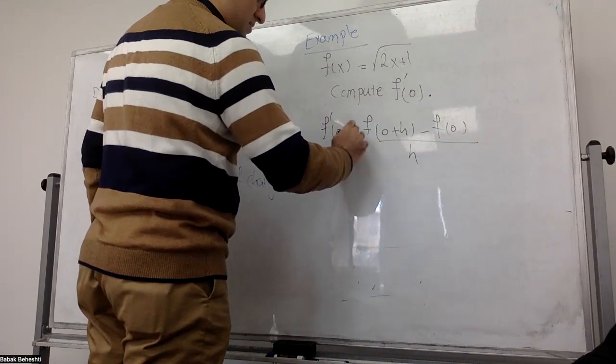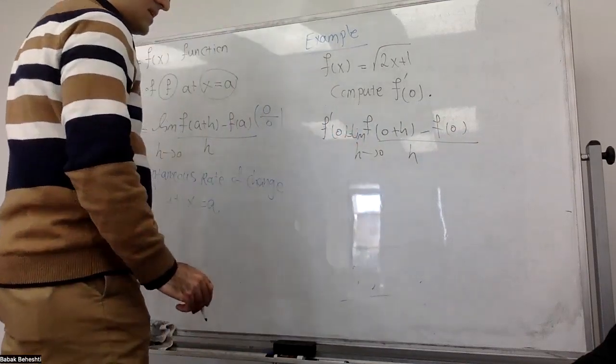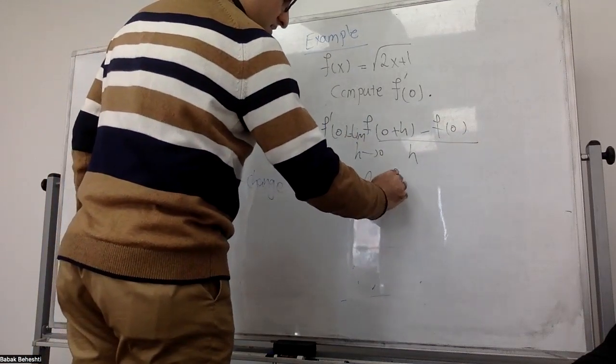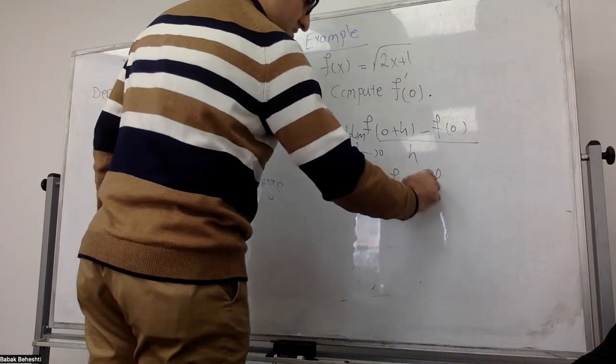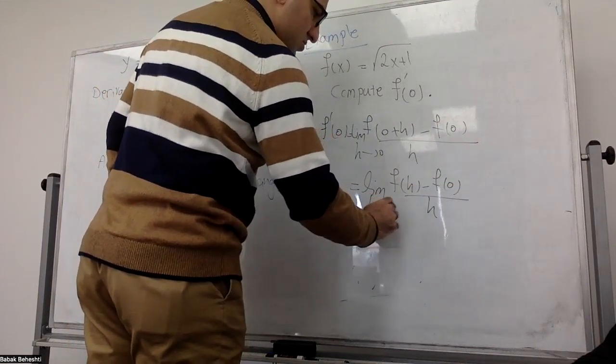So this would be equal to the limit of f of h minus f of 0 over h as h goes to 0.